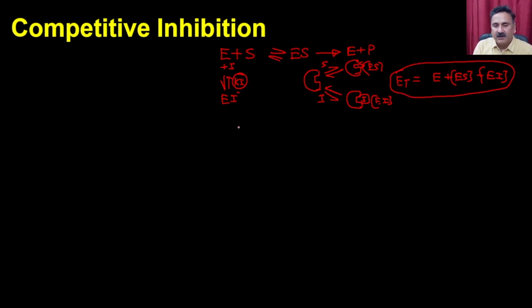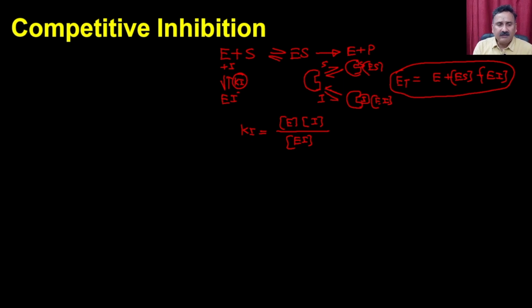Remember that the equilibrium constant for the enzyme inhibitor interaction is called Ki. So the Ki is going to be the concentration of the enzyme times the concentration of the inhibitor divided by the concentration of the enzyme inhibitor complex. Okay.